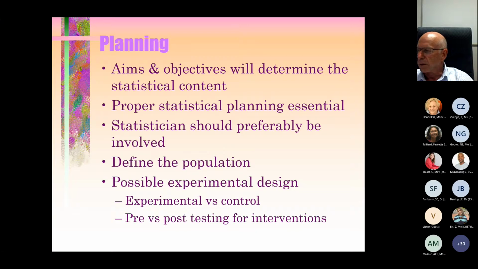So there are all these kinds of possibilities and different experimental designs that one can choose from. And there we as statisticians can again play a role in advising what is the best possible design for the specific research that you are conducting.